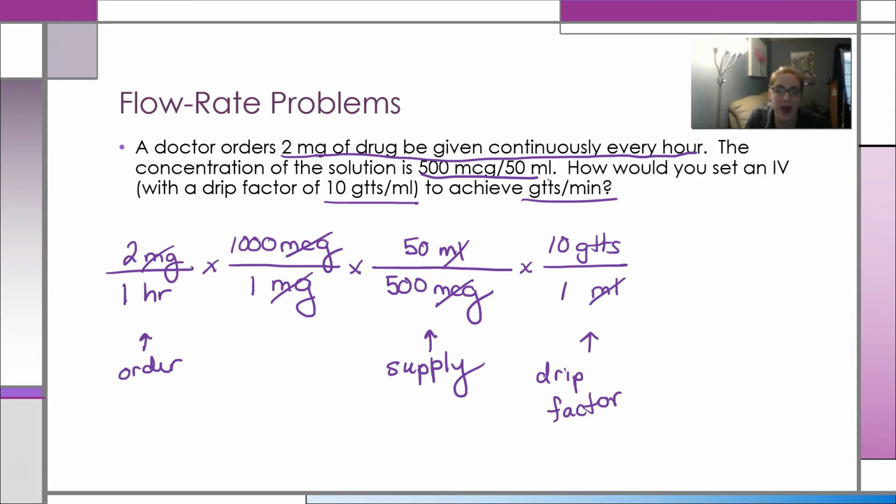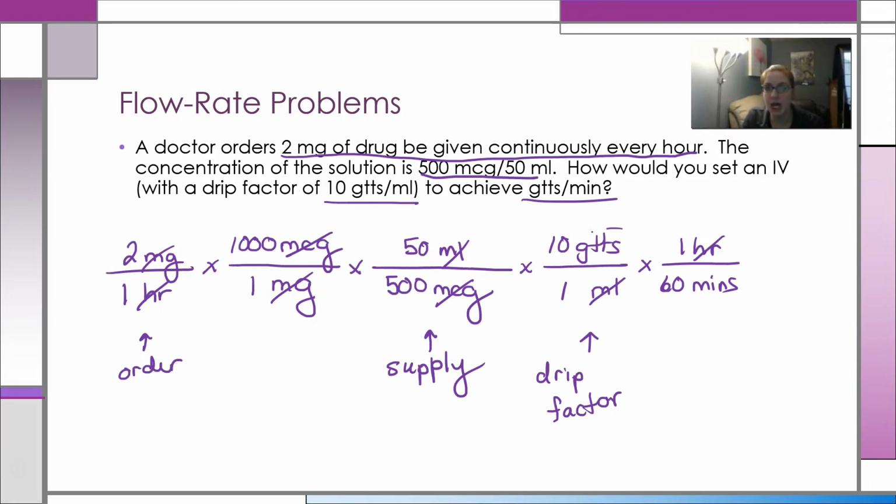Awesome, because I want my answer to be in drops per minute. So we've got the drops part down, but we still need to convert that hour to minute. We've done this before. The only difference is the hours now need to go on top because they need to cancel, and then the 60 minutes will go on bottom.